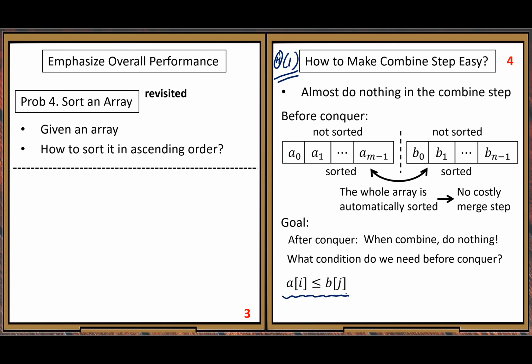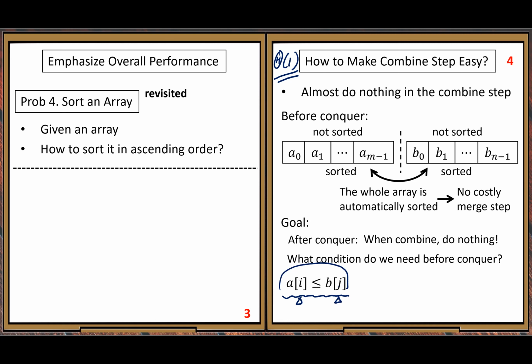Here we use arbitrary index I in the left subarray and arbitrary index J in the right subarray. You can pick any element in the left subarray and any element in the right subarray, and you always have this inequality.